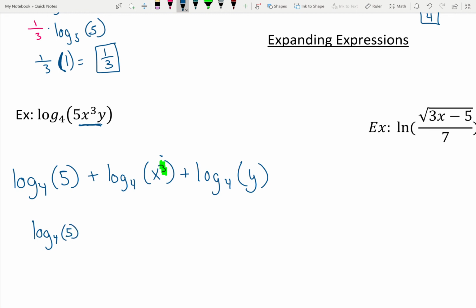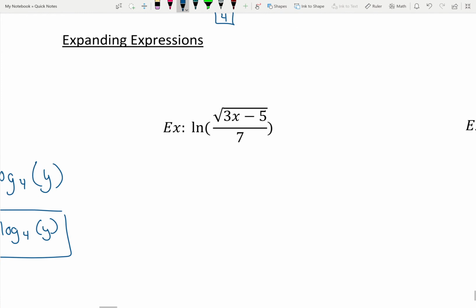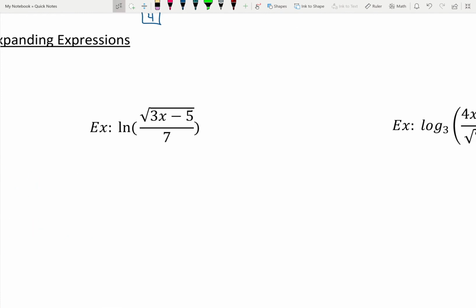Log base 4 of 5 plus, I'm going to drop down this 3 using the power rule, 3 log base 4 of x plus log base 4 of y. That's our final answer right there. All right, that's usually when I say, does anyone have any questions?